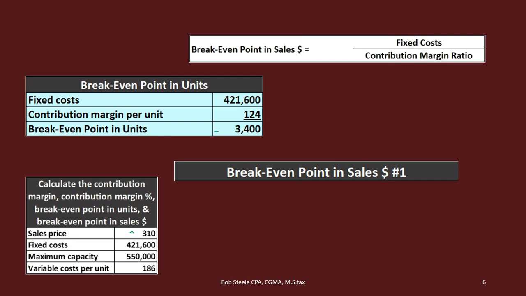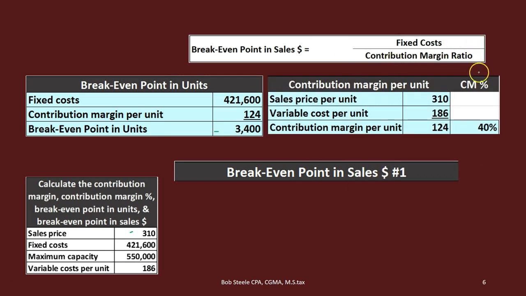But the standard formula, and the way that it is often going to be useful to look at it in certain situations, would be to use the formula of the fixed cost divided by the contribution margin ratio. So the break-even point in terms of sales dollars is going to be the fixed cost divided by the contribution margin ratio. What's the contribution margin ratio again?